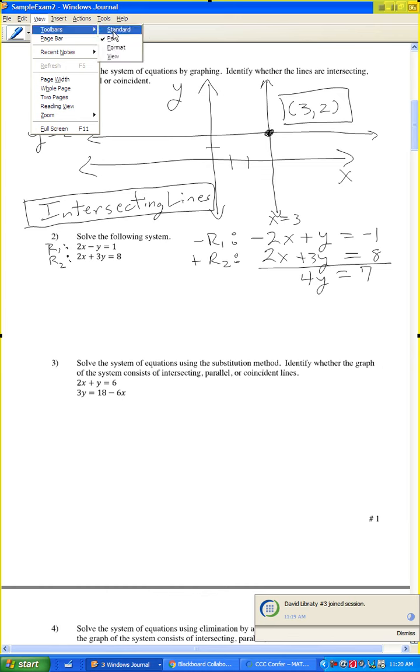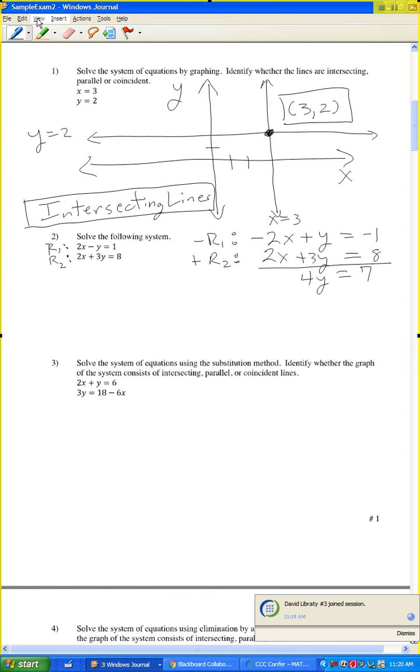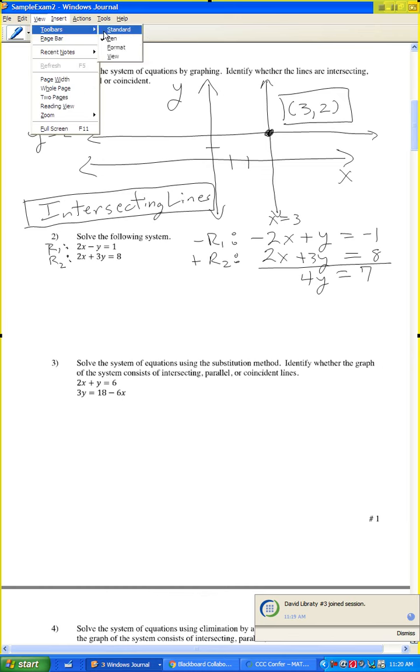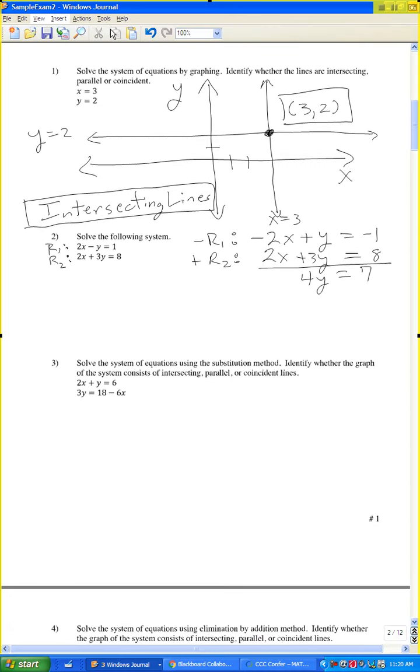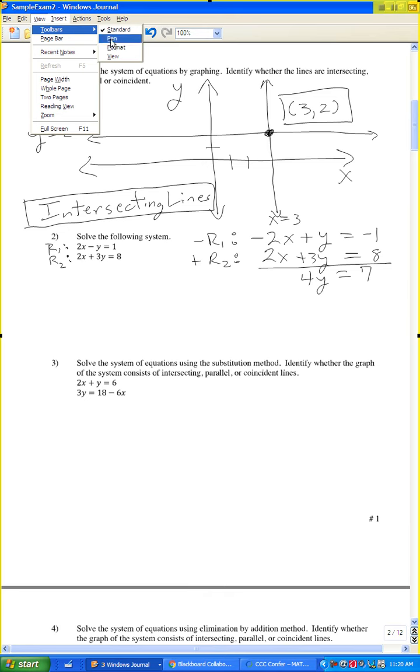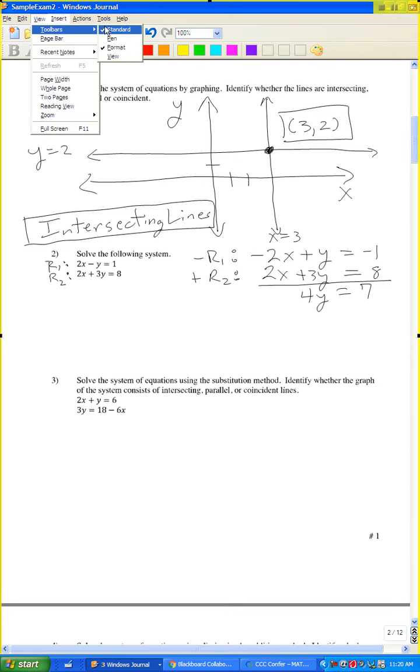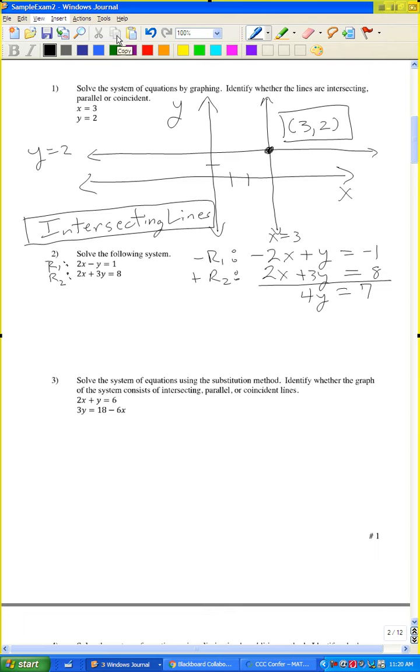Divide both sides of my equation by 4. And so y is equal to 7 over 4.